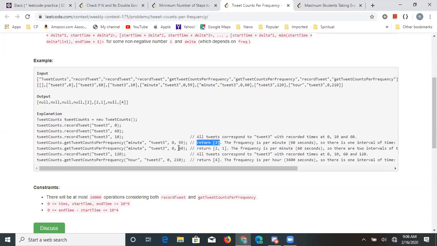The second one, at 60, is the beginning of another minute, so it doesn't belong to that particular bucket. So you will say, in the first minute we had 2 tweets, in the second minute we had 1 tweet. If we had more tweets at 61, 62, 63, then we would say 3 here. Is that clear?